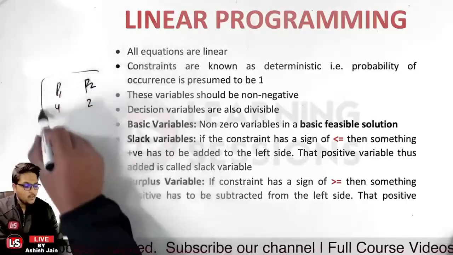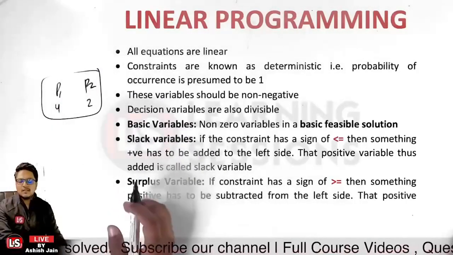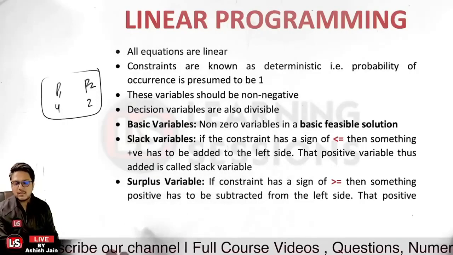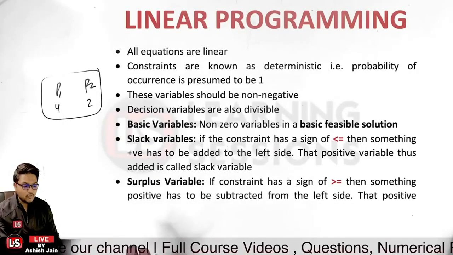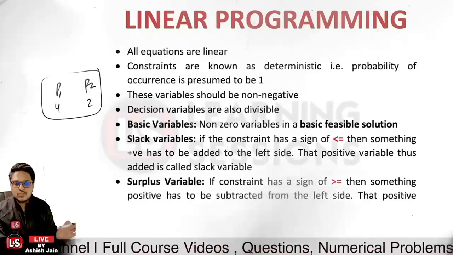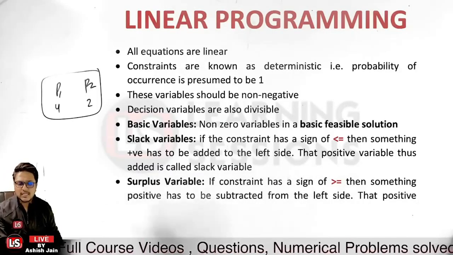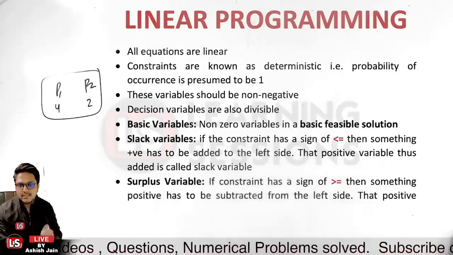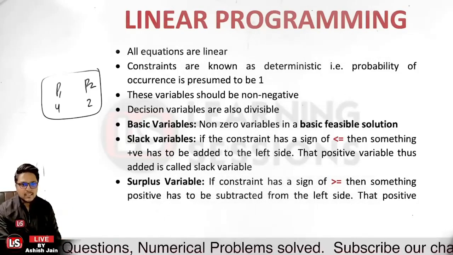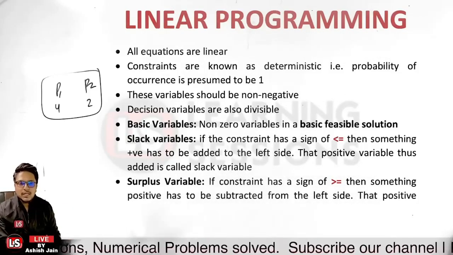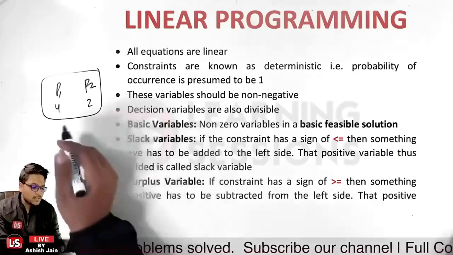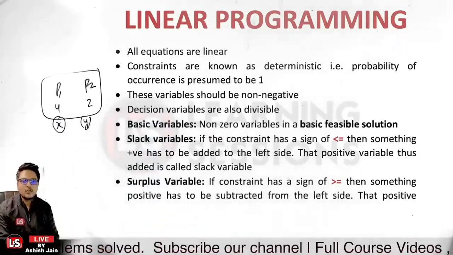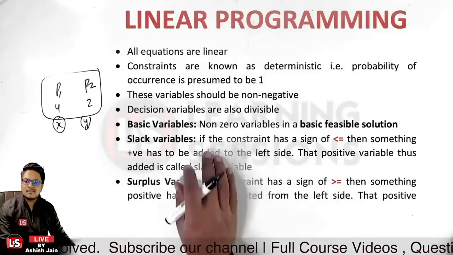And further, in what manner must the resources be utilized so as to get the best output, so as to get the maximum profit, or if the company wants to reduce its losses too. It is not always the case that we want to maximize something. It may also be that we want to minimize our losses. In both cases, we will be using linear programming itself. So in this particular case, if we consider P1 to be X and P2 to be Y, these would be the basic variables.